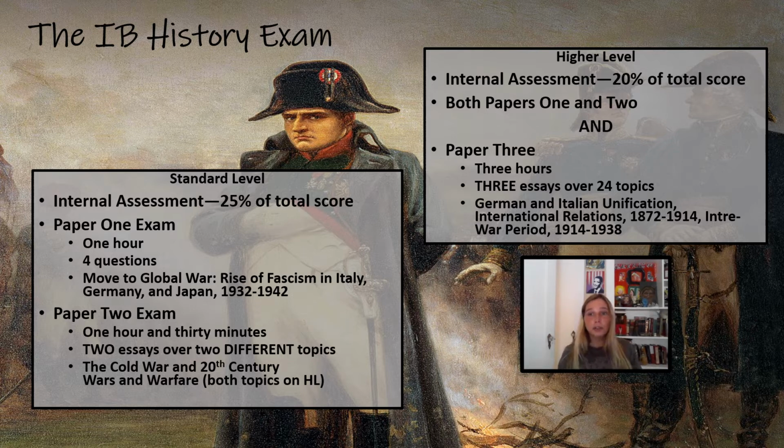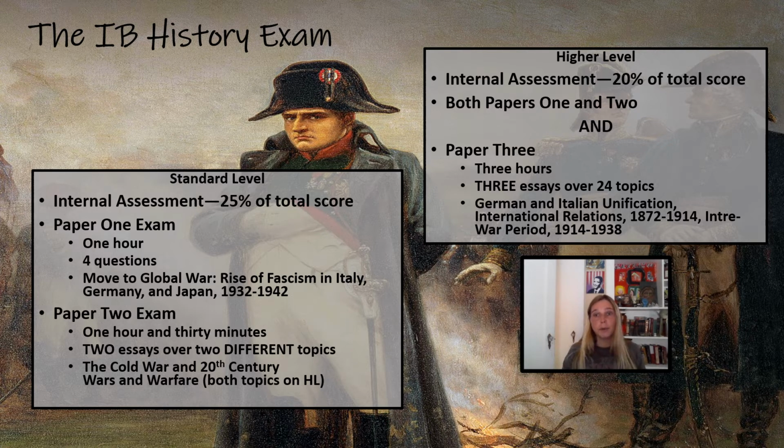So we start your junior year in the 1800s, and then we move to the 20th century for your senior year. So these 2 topics that we cover your senior year are going to be the Cold War and 20th century wars and warfare.